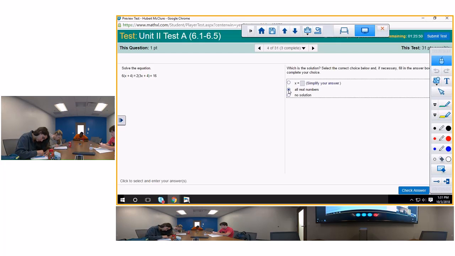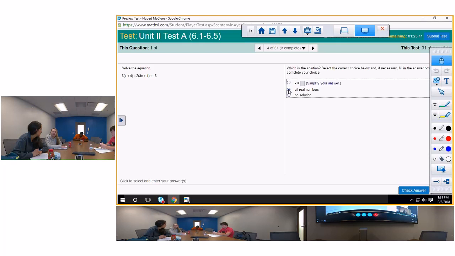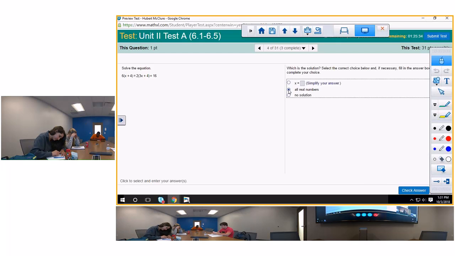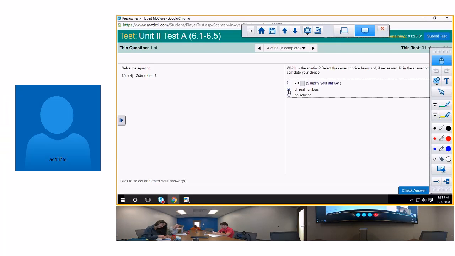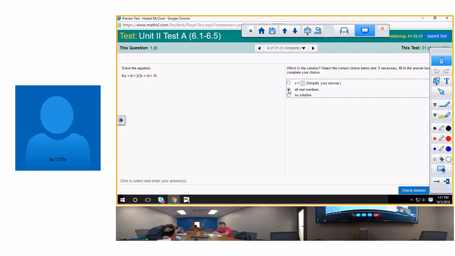It's got to be all real numbers. Why? What'd you get? Tell me what you got. You got 24? Then I didn't do it wrong. Then I did it right to begin with. You should get 6x plus 24 is equal to 6x plus 24. That's what I got. Wouldn't it be 0? Well, yeah, eventually it would cross out and be 0 is equal to 0. What kind of statement is either one of those?